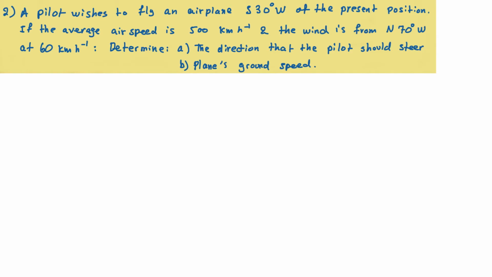Let's actually draw it out. The pilot wishes to fly an airplane in the direction south 30 degrees west of the present position. So if the position is here, then this is the initial position, let's say position 1, and the pilot wants to go south 30 degrees towards west.